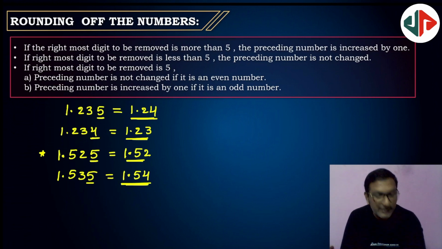Then second option becomes 1.234. Last digit is 4, preceding number 3. Therefore, no change. 1.23 only. Next, first one, 1.235. Last digit to be removed is 5 and preceding number is 3, which is odd. Therefore, increase 1. Therefore, 1.24. So, all points are covered here.